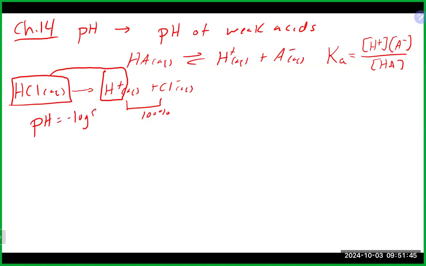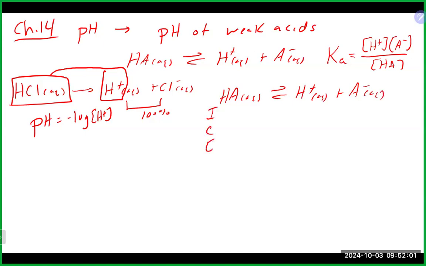But in the case of our weak acids, because they do set up this equilibrium, we do need to ICE table up this reaction. And it is just like our normal ICE tables that we did in the previous chapter.